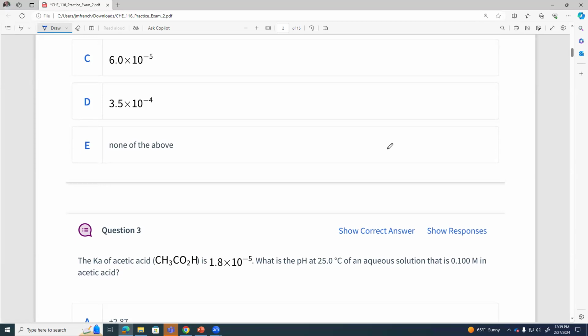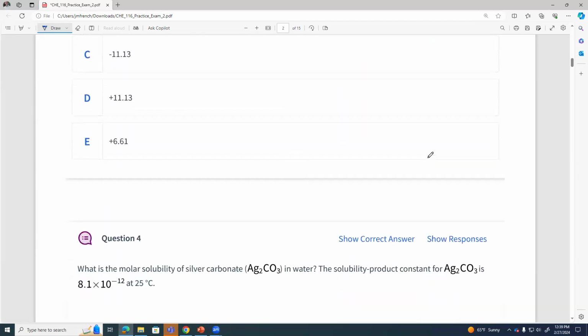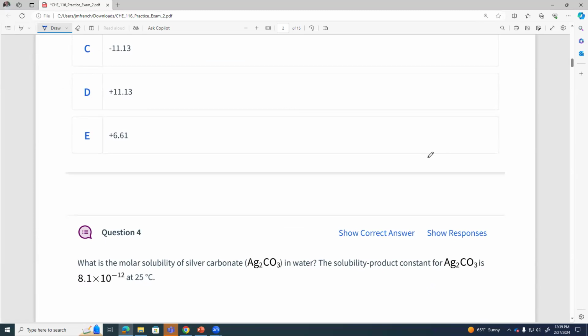But also the hint that it's a buffer is I'm giving you two concentrations, of two semi-related things, a weak acid and its conjugate base. You need to have both of those concentrations present. Like all the other pH, Ka, Kb questions, we typically just had one concentration to work with. So in a buffer, you're going to be given two concentrations.